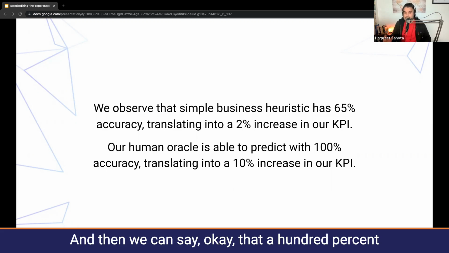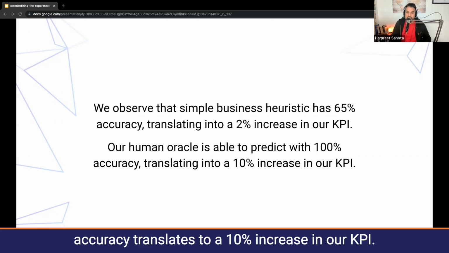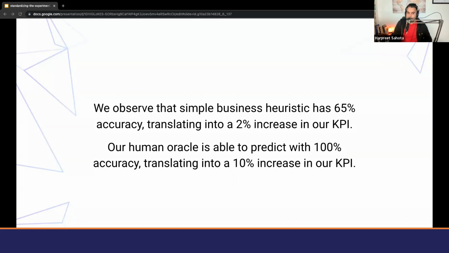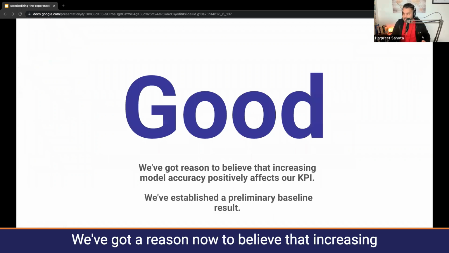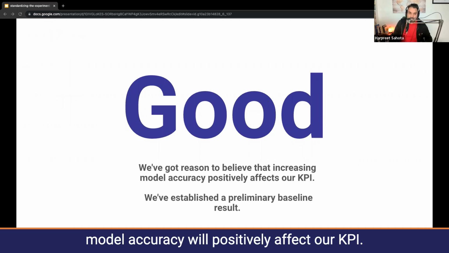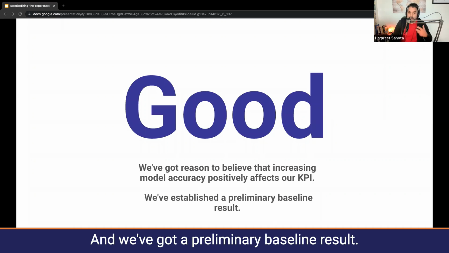And then we can say, okay, that 100% accuracy translates to a 10% increase in our KPI. Well, that's good. We've got a reason now to believe that increasing model accuracy will positively affect our KPI. And we've got a preliminary baseline result.